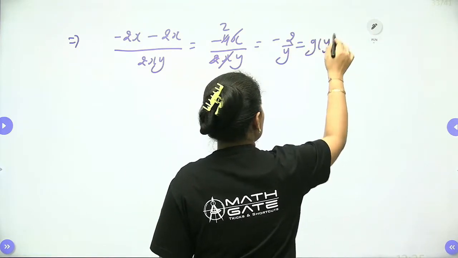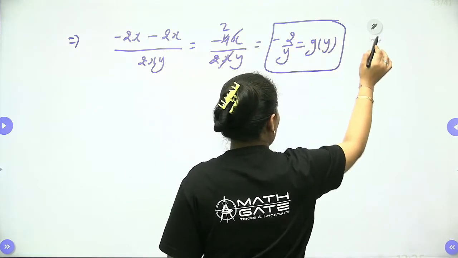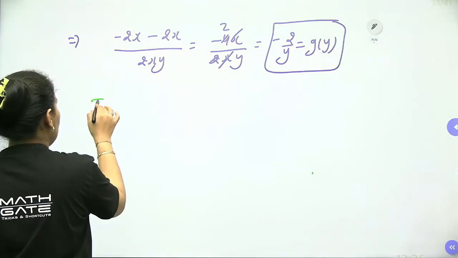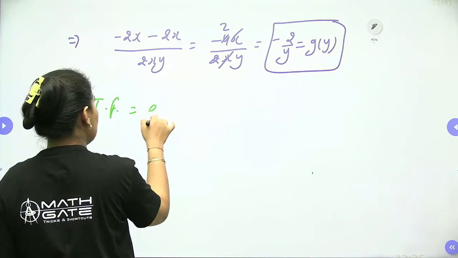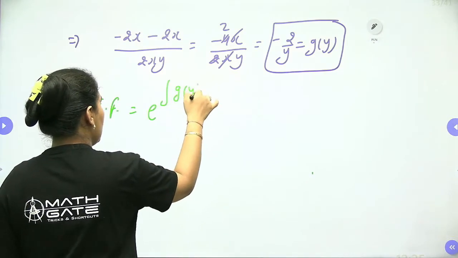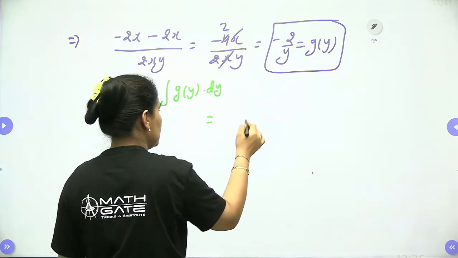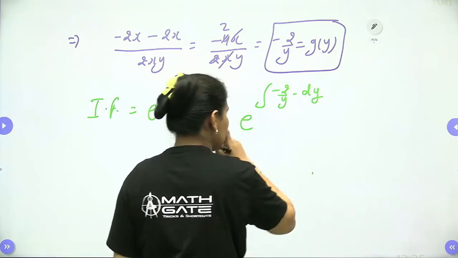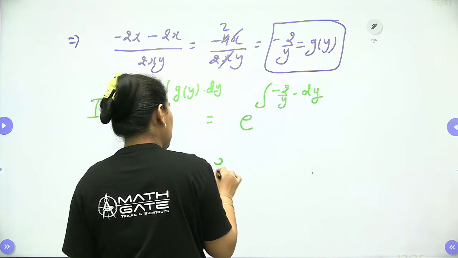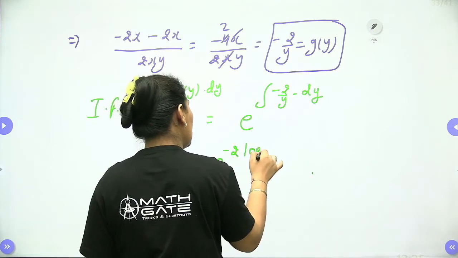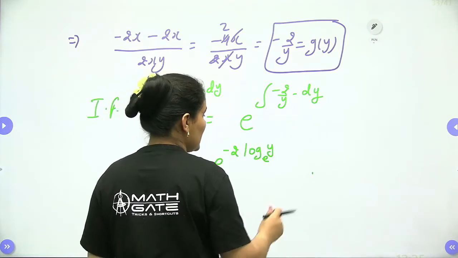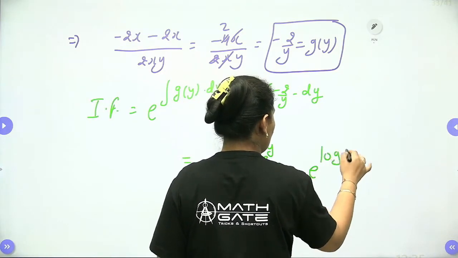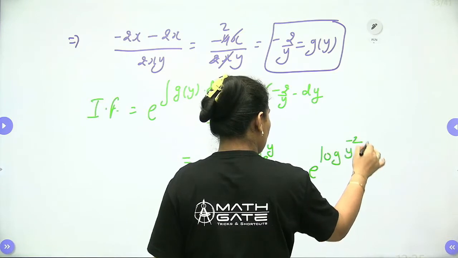Hence we can say this is a single function in the form of y only. So what will be the integrating factor? The integrating factor will be e to the power of integral of minus 2 by y dy. So it will be e to the power of minus 2 log y to the base e, which is e to the power of log of y to the power minus 2.